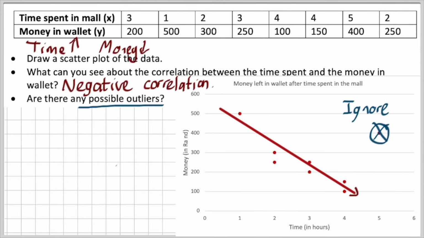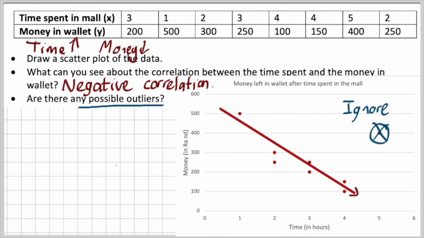There are actual maths formulas to determine whether it is an outlier or not. Now, if it is an outlier, in real life, you see what I wrote there. Ignore. In real life, we would actually ignore that outlier and just use the other points as the coordinates to determine the trend line. Now, must you do that in the exam? That's a very interesting question.